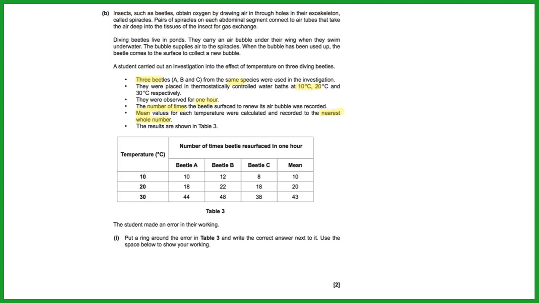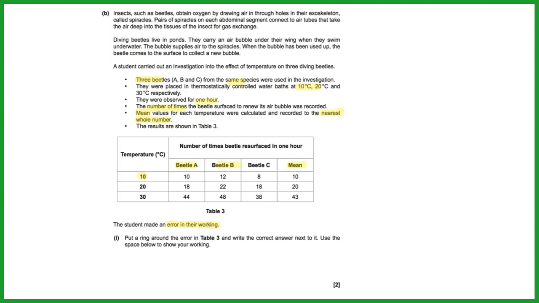After you've read all of this detail about beetles and all of this detail about the practical, you're thinking, well, they're going to ask me about this practical investigation, and they don't. All they say is that the student made an error in their working. So they've got the temperature, which is 10 degrees, then they've got the 3 beetles, and then they calculate the mean.